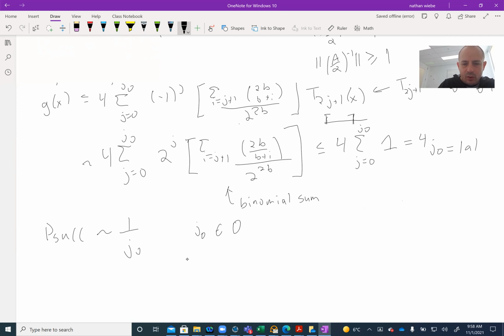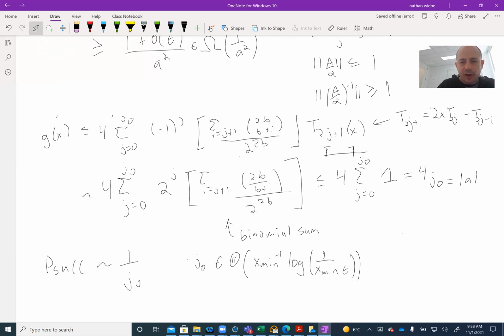We're going to choose j naught to be proportional to x min inverse log of 1 over x min epsilon, where epsilon is our error tolerance.